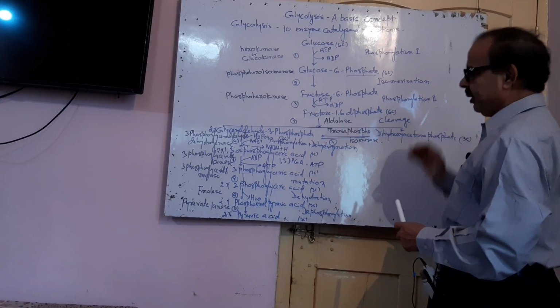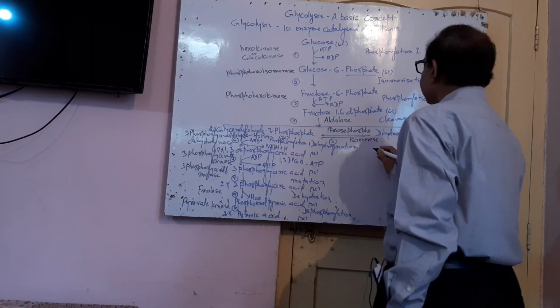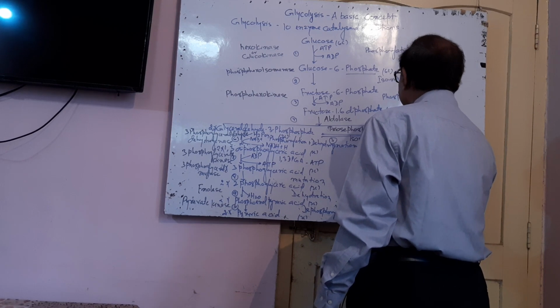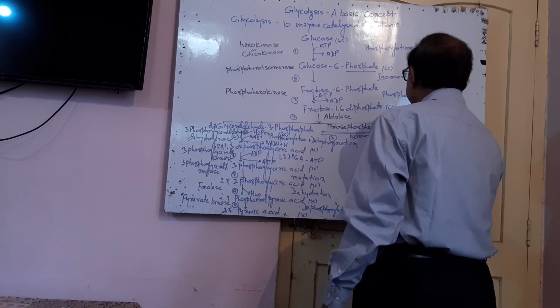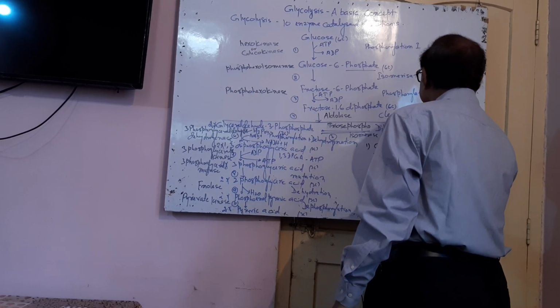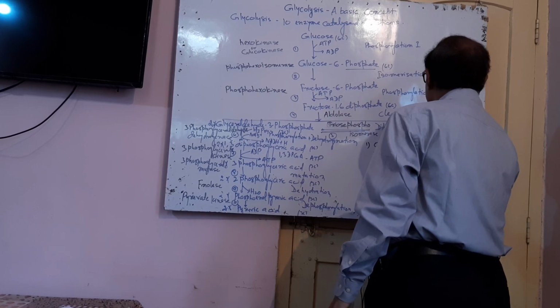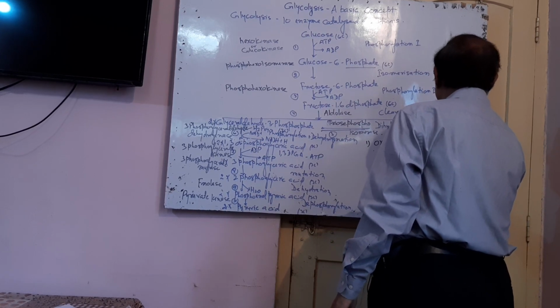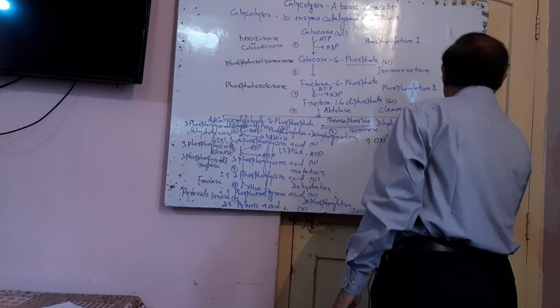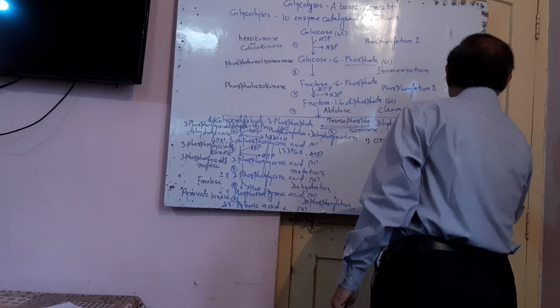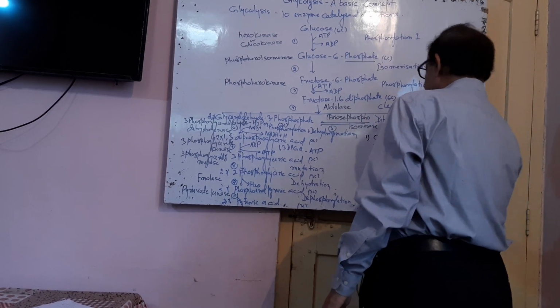Three things happen in glycolysis. First, oxidation of glucose into pyruvic acids.